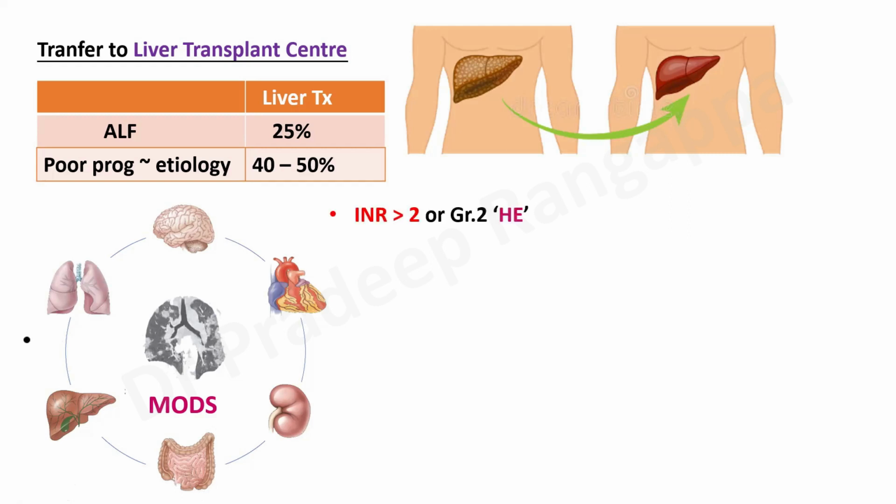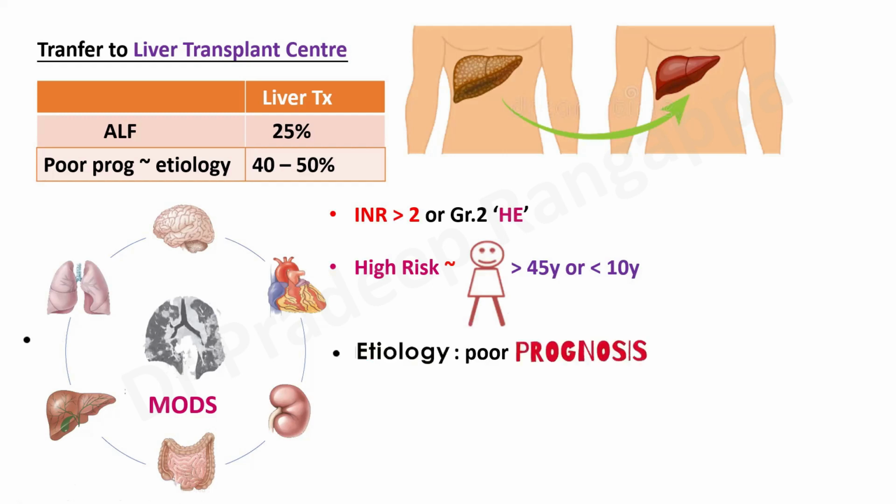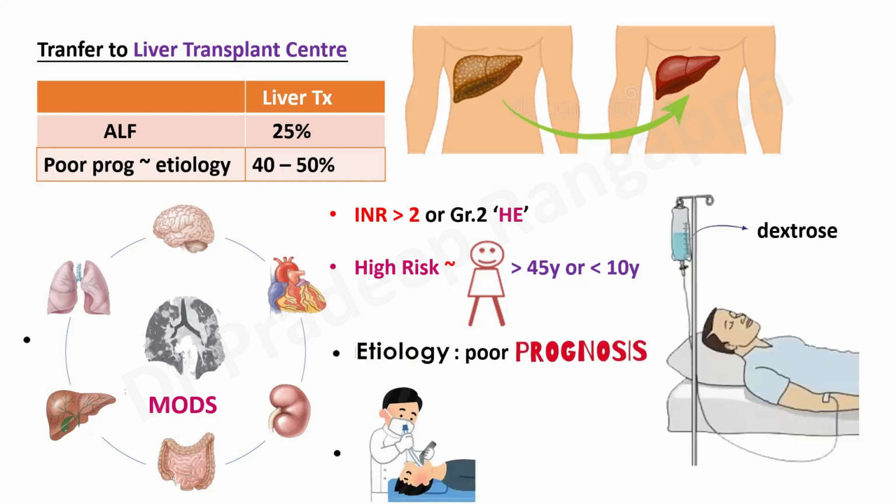If INR is more than 2 or grade 2 hepatic encephalopathy, one should start thinking of the possible need for liver transplant. High risk patients are those who are more than 45 years old or less than 10 years, or an etiology which indicates poor prognosis, which is one of the reasons you would think of referring them to a liver transplant center, or someone who gets intubated and mechanically ventilated.